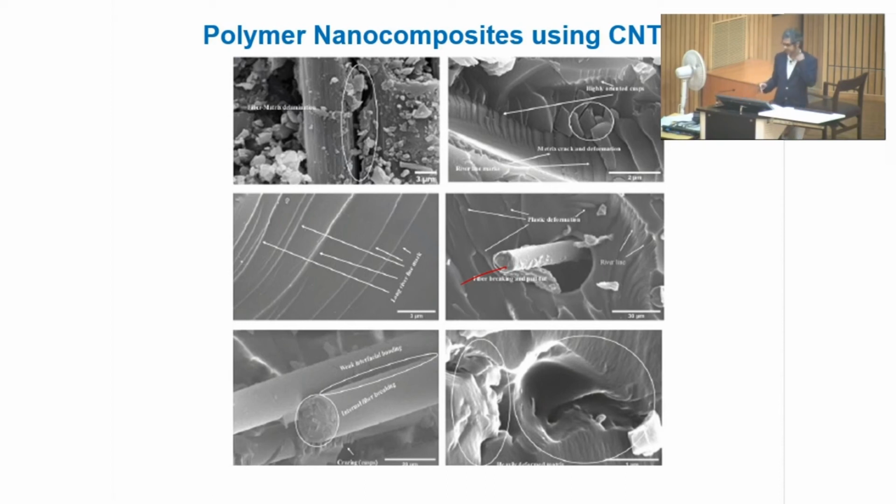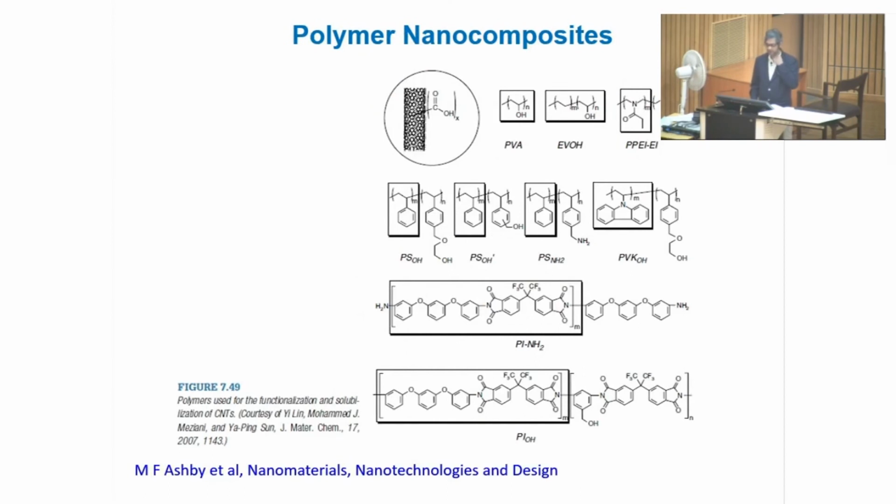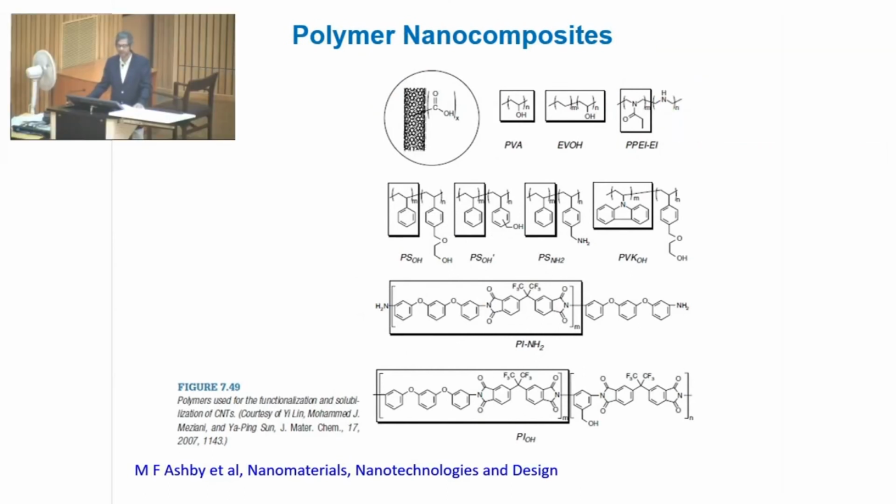And now, polymers are also used for functionalization and stabilization of CNTs, and you can also stabilize the CNTs to produce different kinds of structures. Like here we can see the different kinds of structures. You can clearly see that these are the different radicals which can be used for this purpose.